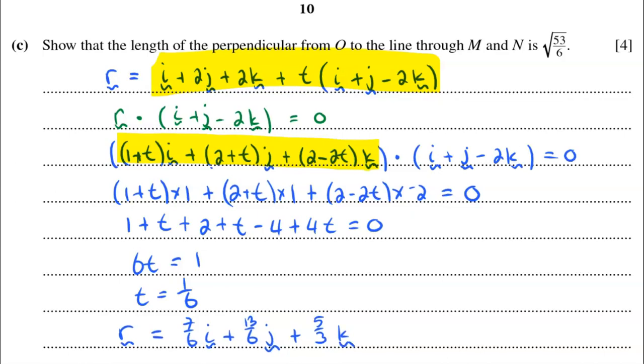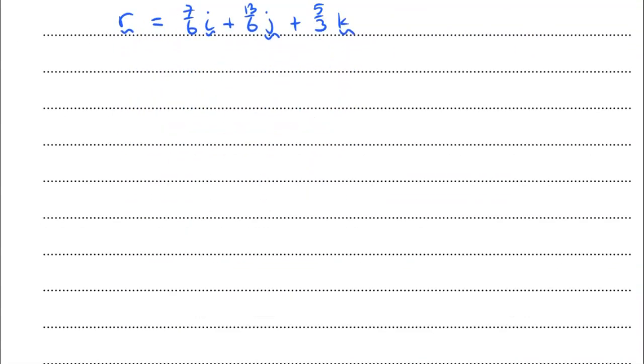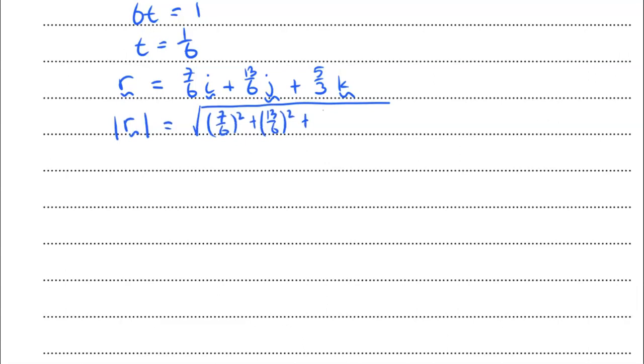So this is the vector which goes from the origin to the line, and it is perpendicular to the line. We just have to find the length of this vector, and we're done. So the modulus of the vector is equal to the square root of every part squared. So we've got 7 on 6 squared plus 13 on 6 squared plus 5 on 3 squared. And surprise, surprise, we put those fractions into a calculator and we end up with 53 on 6, which is what we had to show was the distance.